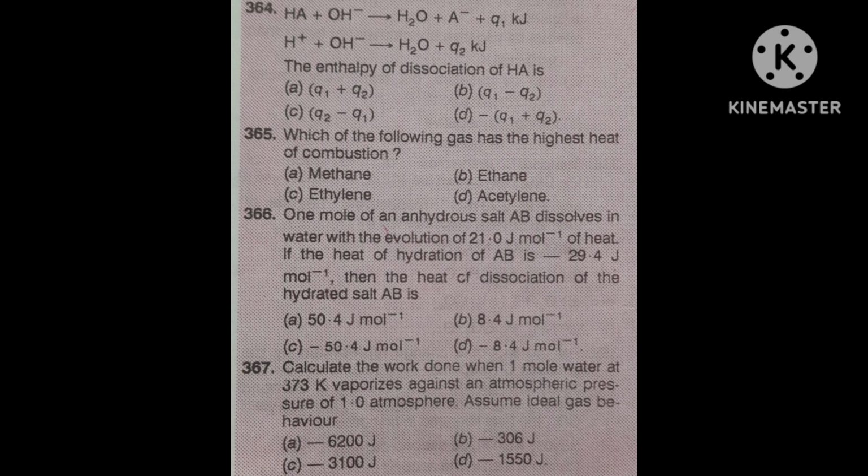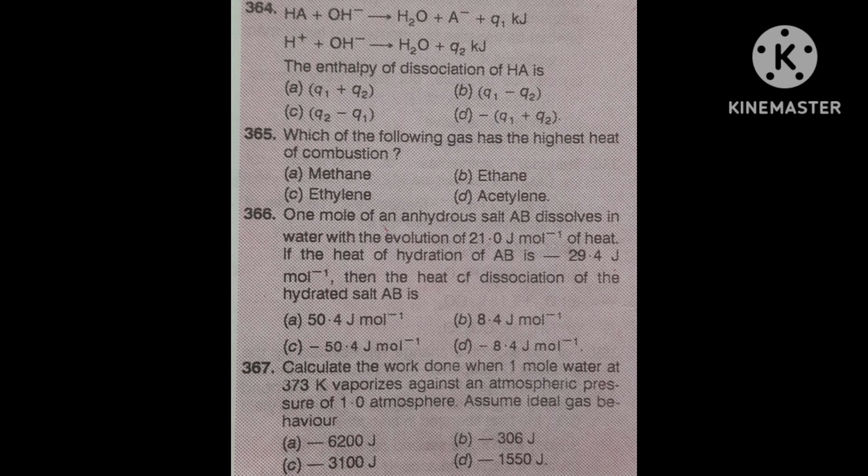You want to calculate only the value of AB·xH2O, then just do the difference. Your aim is to calculate AB·xH2O plus aqueous, which will form AB aqueous. Then in this process, what is the delta H?